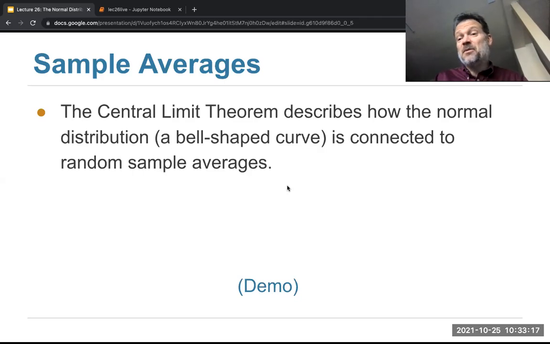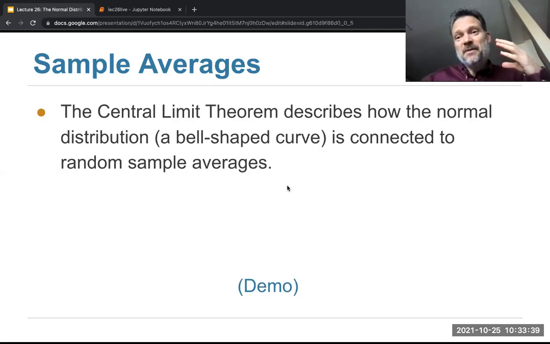Okay, so when you look at sample averages, something really interesting happens. When you get sample averages, we start to see a particular shape tend to show up over and over again across many different applications and many different data sets.